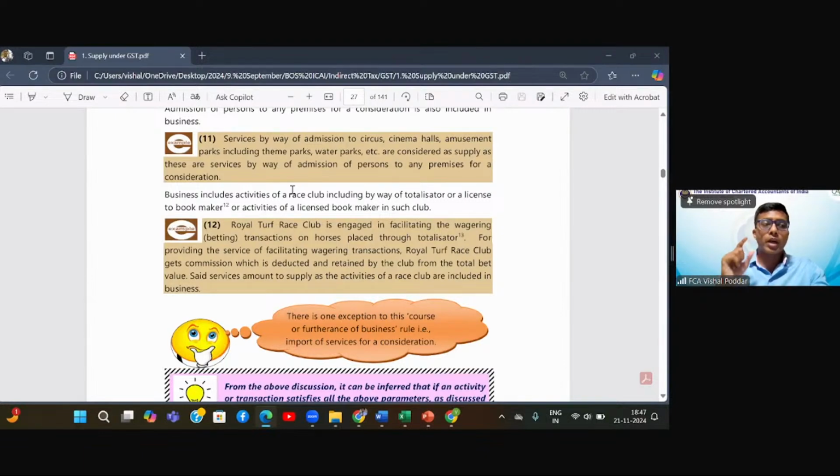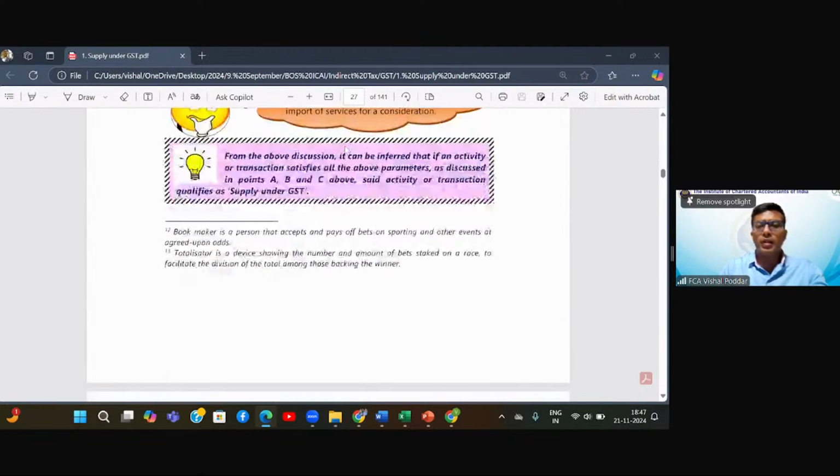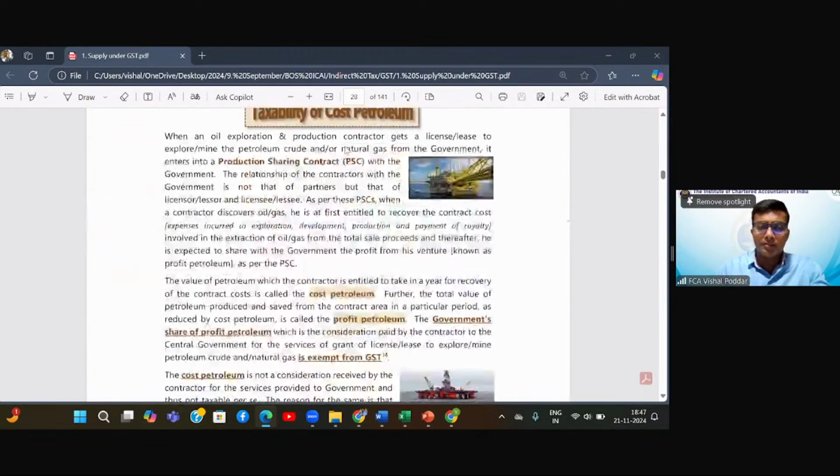But if the asset is your personal asset, like your personal phone, personal car, personal laptop, and after the life is over, now you don't need it, you will sell that particular motor car, it will not be considered as business and no GST is payable by you. So this is what is clarified in all these explanations.